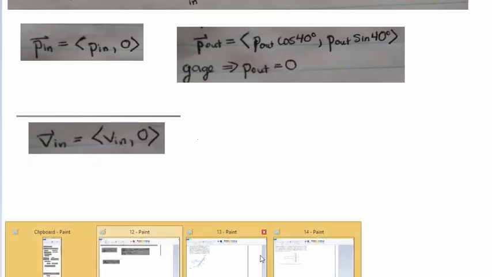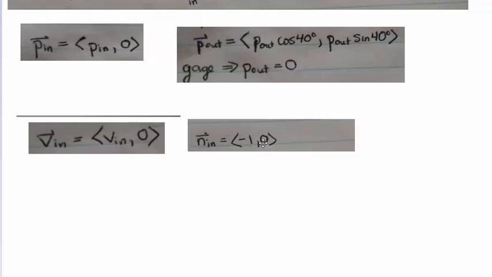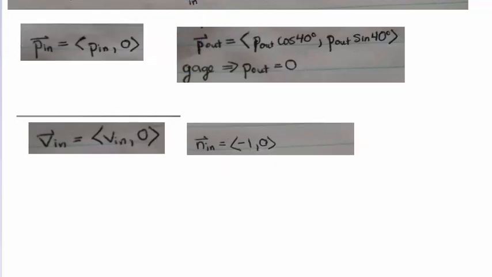So at the inlet, the velocity was simply going to the right, so it's going to look the same as the pressure vector. And the normal vector at that point is going to be in opposition, just like usual. That's why you usually get, at the inlet, the dot product turns out to be simply -1. So I'll show that right here.